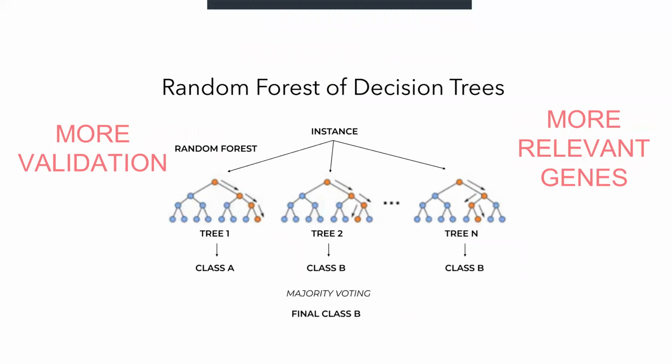So such a model could be brought to more complexity. This is another form of validating the model even more. You don't create just one tree, you create more trees. You probably must be asking yourself right now, how do we create more trees? Do we need more data sets?